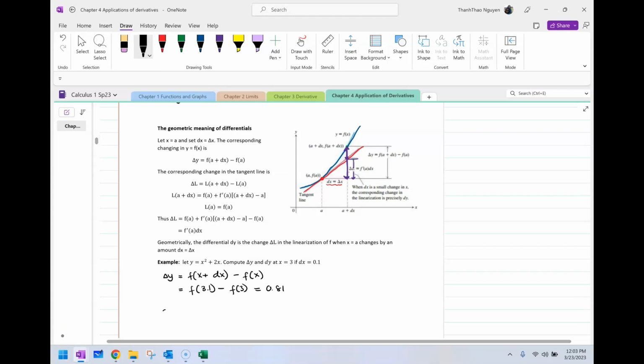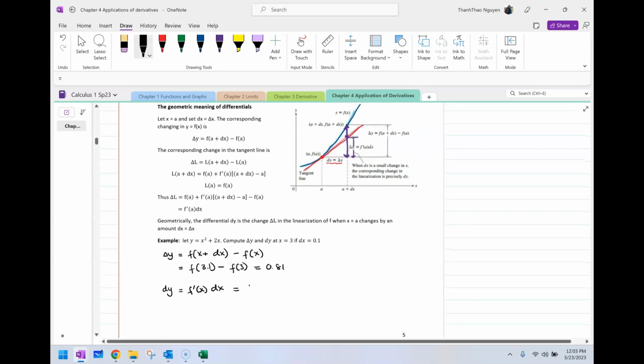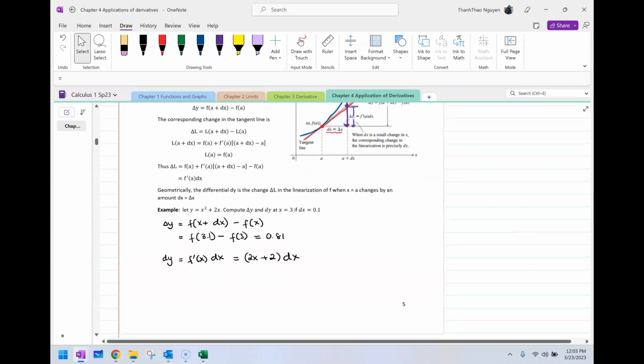Well, dy is equal to f prime of x times dx, and that is 2x plus 2, times dx.